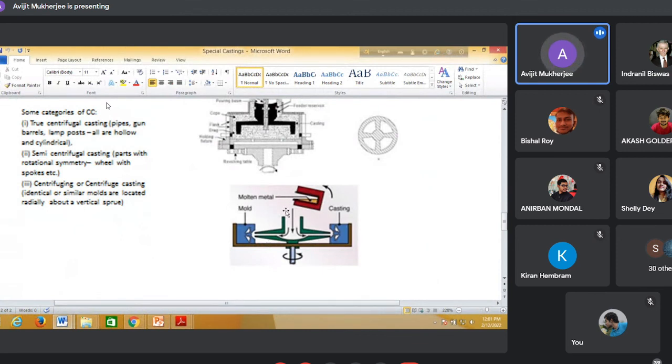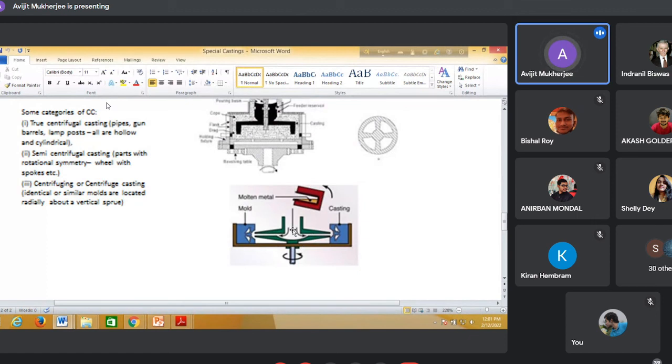This is a vertical screw where molten metal is poured, and this table is connected with a motor and it is rotated. So this vertical screw is also rotating.